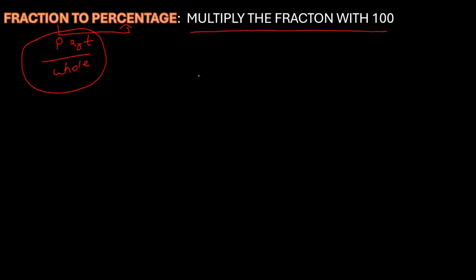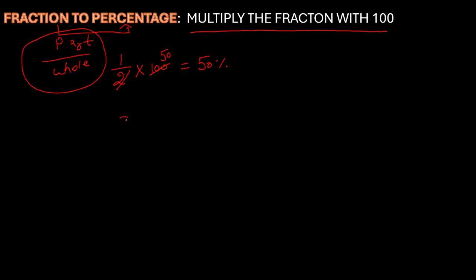Let us understand this with an example. 1 by 2 is a fraction. To convert this 1 by 2 into percentage, I multiply this fraction with 100, and this gives me the percentage value, that is 50%. 50 times it gets cancelled.